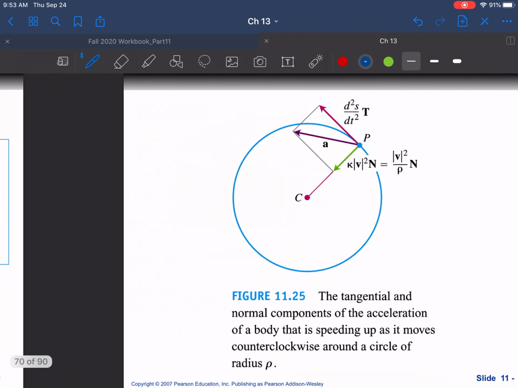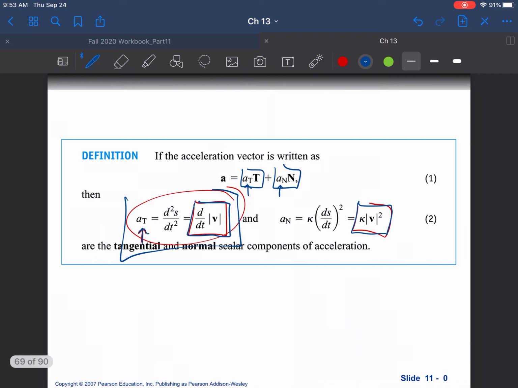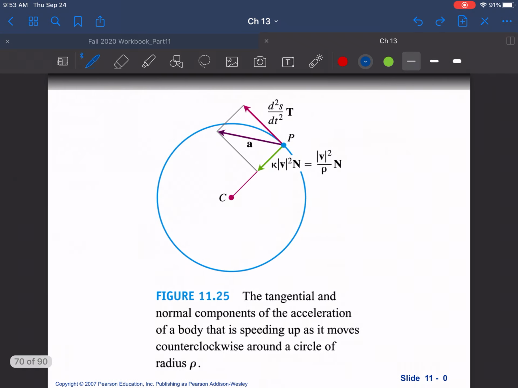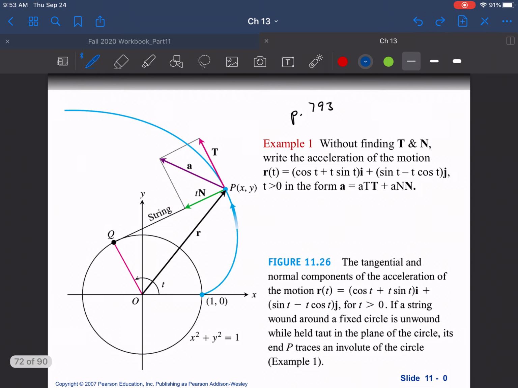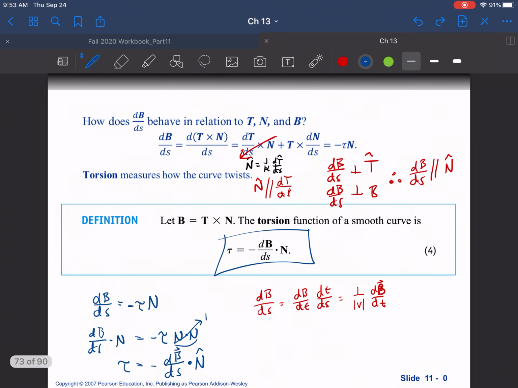But essentially what they do is they use this right here to calculate the tangential component, and then they take that and plug it into this to find the normal component, all right, without ever having to find T and N. Okay, next here, I had written this all out already, so let me erase this here.